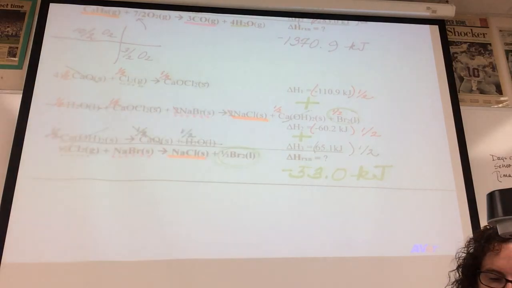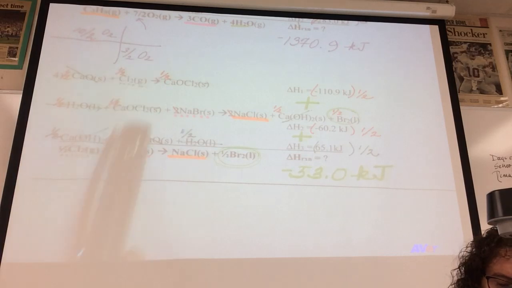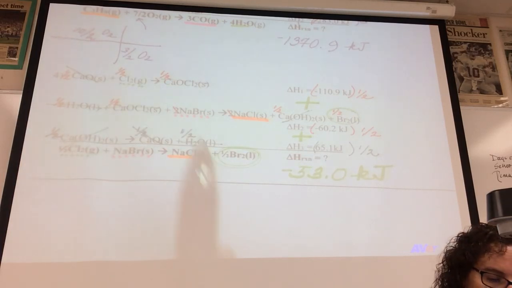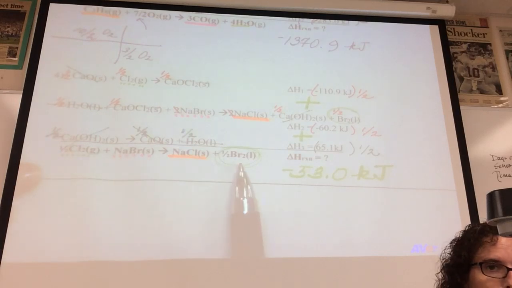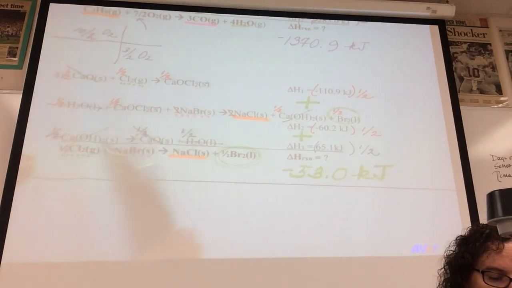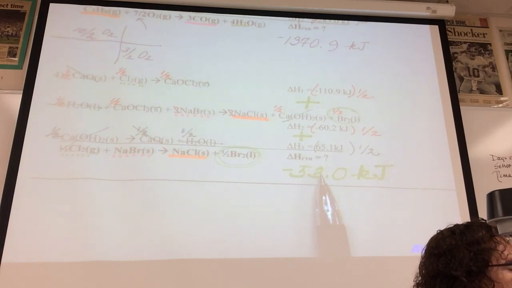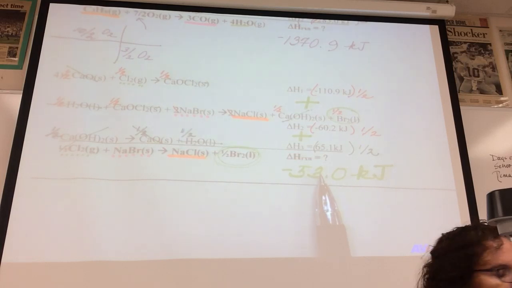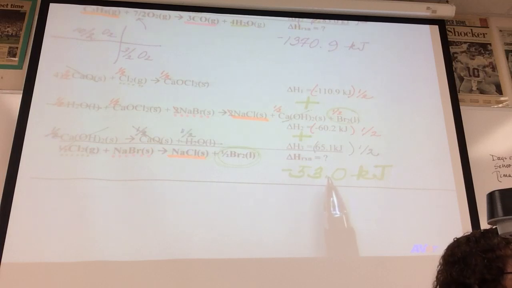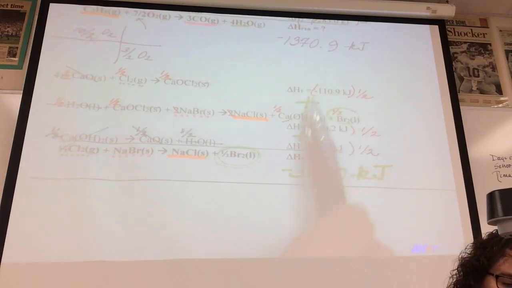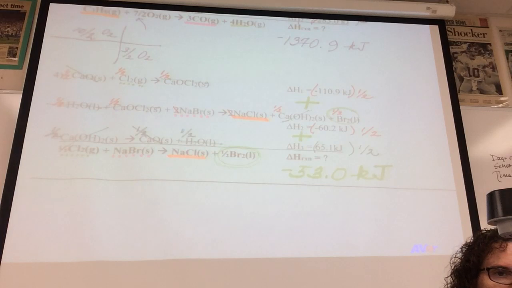I try not to play with fractions too much. It's a little bit tricky, but you certainly can have a problem with 3 or 4 equations. And if you're very meticulous in your approach and you make sure everything else cancels, you should be highly successful here. Hess's law says that you can calculate the change in enthalpy by summing the enthalpies of the reactions that you combined.